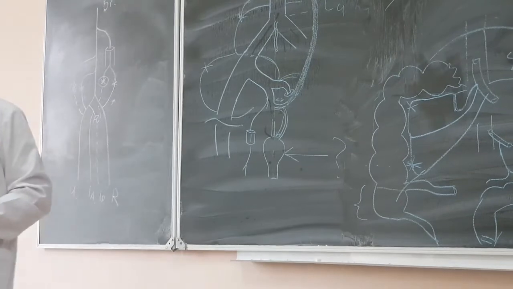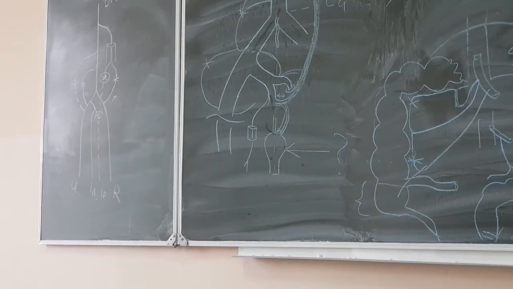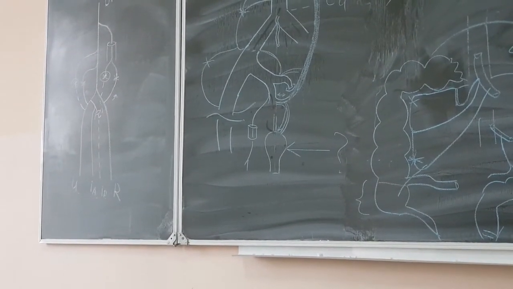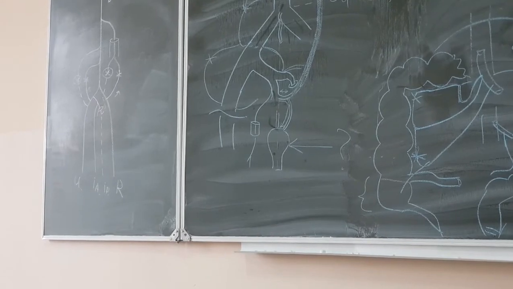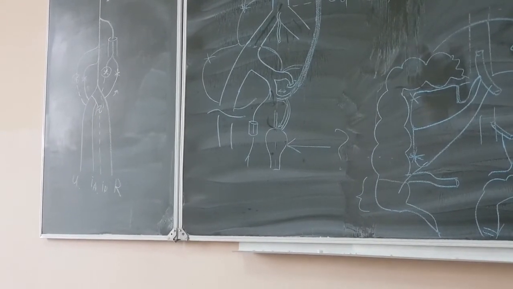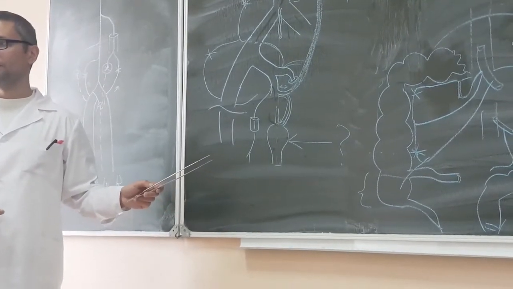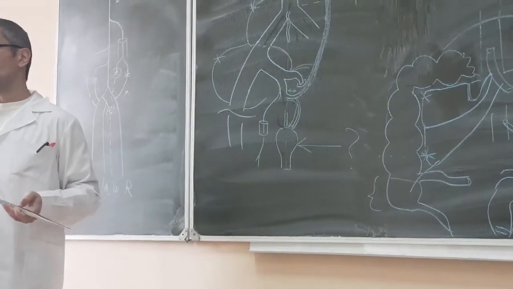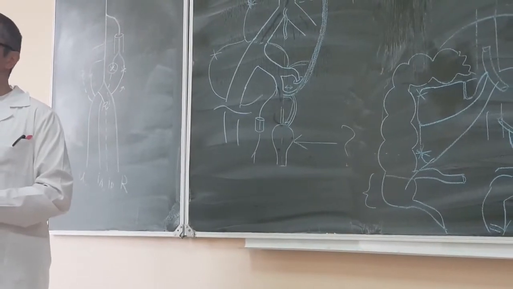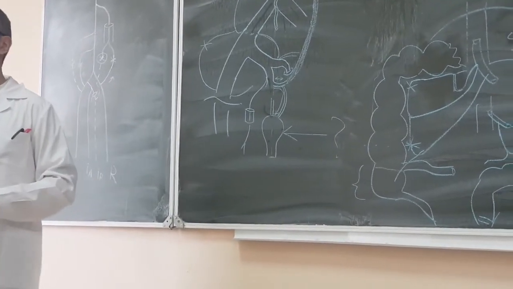Femoral canal? No. Canalis obturatorius, obturatory canal. So this artery is called arteria obturatoria. How can you find this artery? Of course, you can find this canal, and the artery which goes to the canal is called arteria obturatoria.